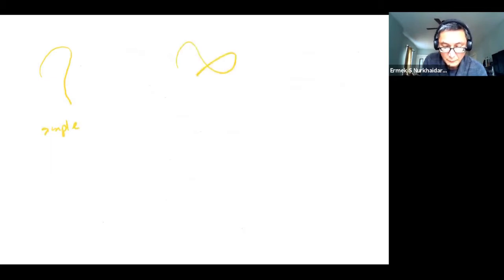That's not simple. This one is not simple because it intersects with itself. So simple means the curve does not intersect with itself.